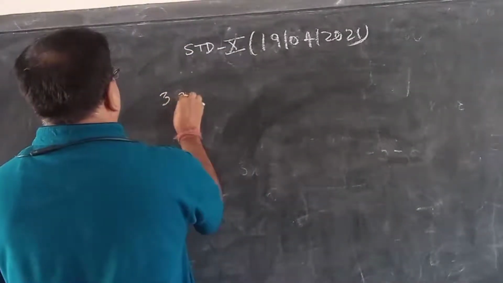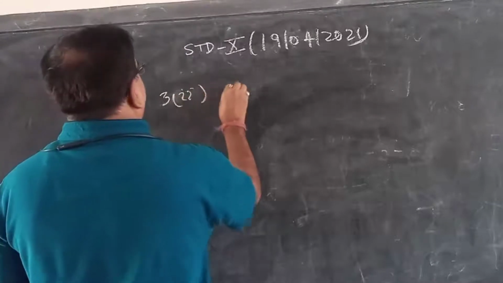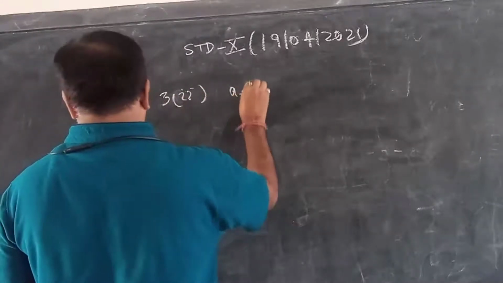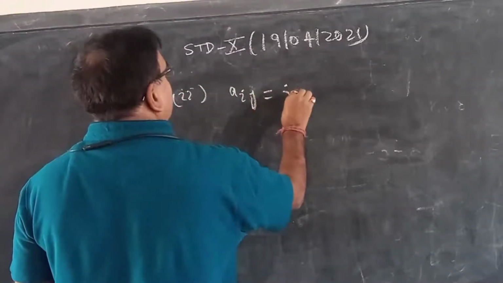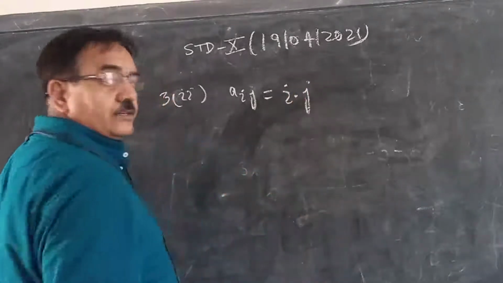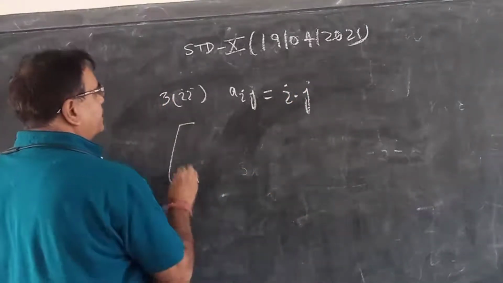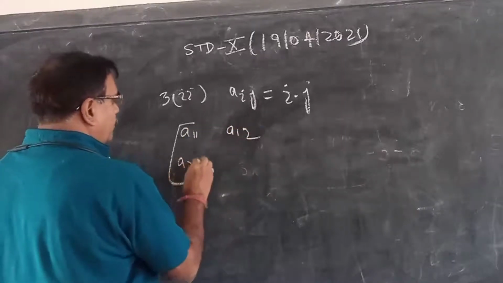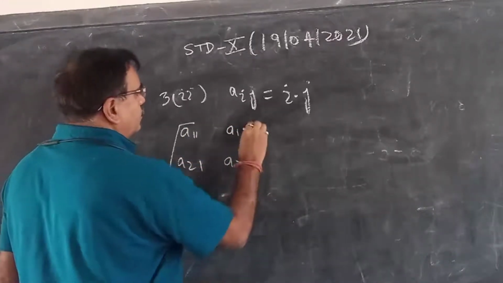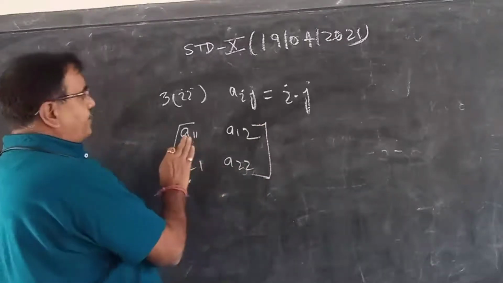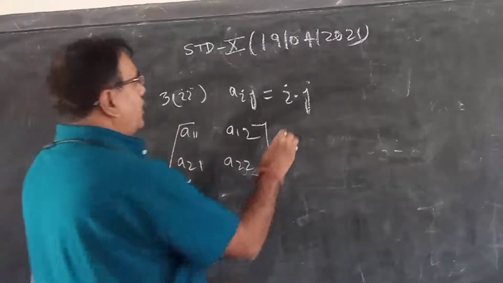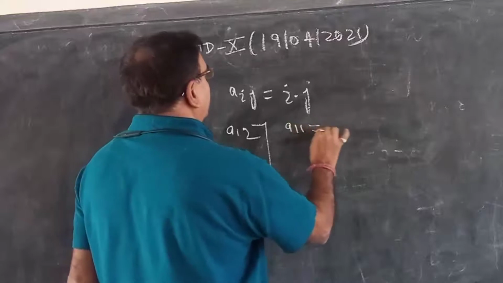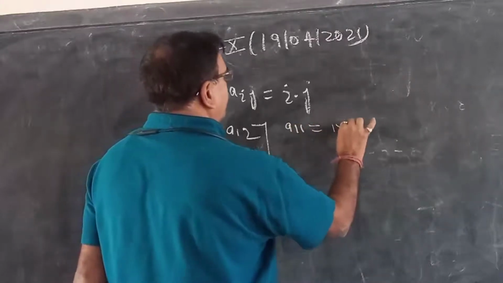Third, second: Aij is equal to i into j. Right. Now taking the matrix A11, A12, A21, A22, we have to find the values. A11: i is 1, j is 1, that is 1.